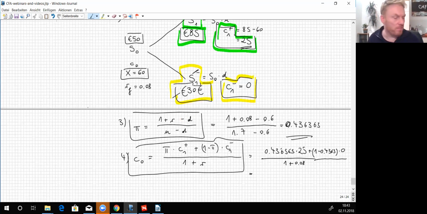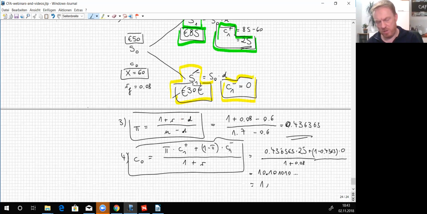And that is C0, 10 euros and 10 cents, 10, 10, 10, which means it is about 10 euros and 11 cents.